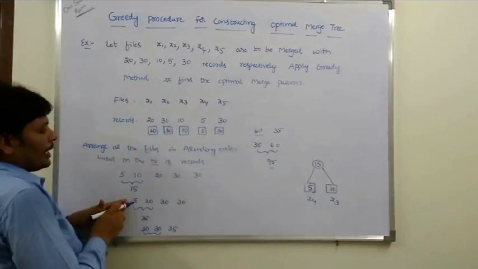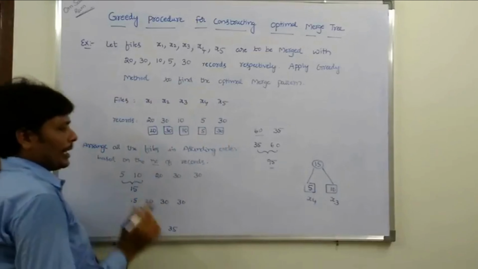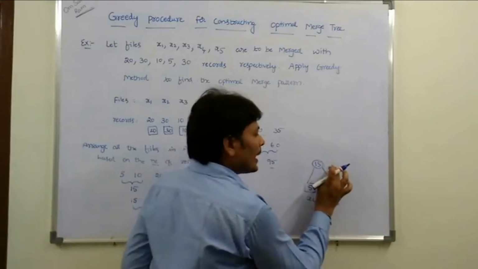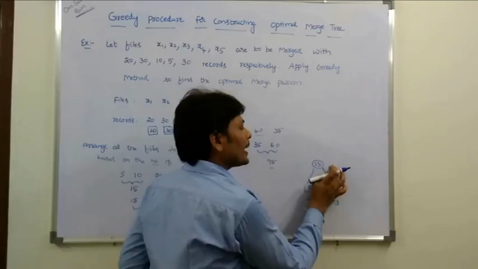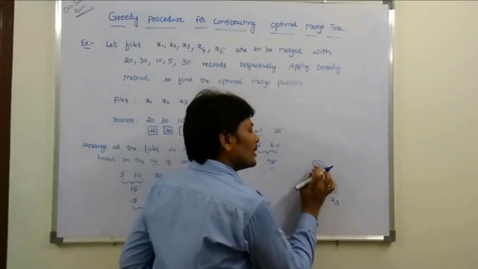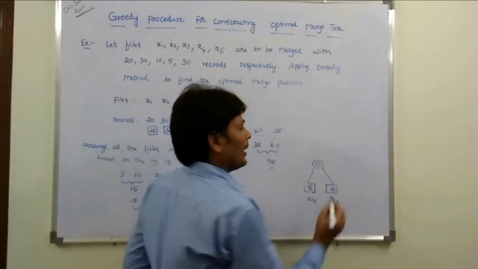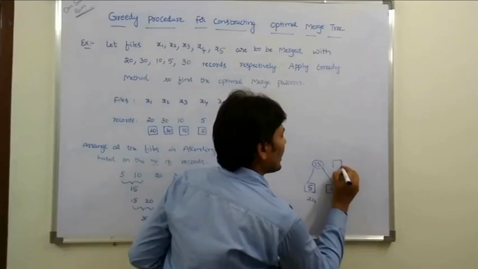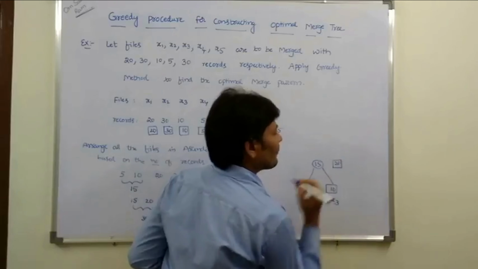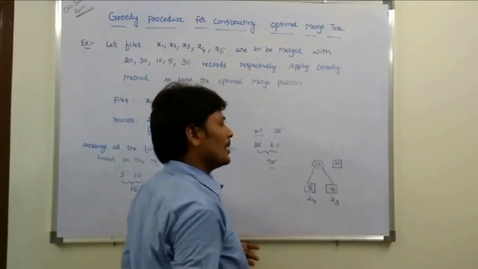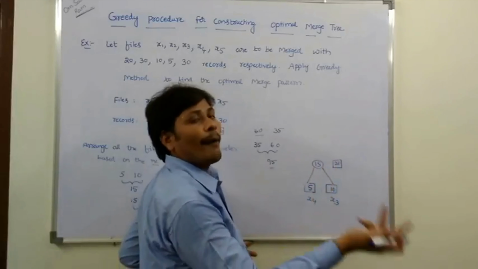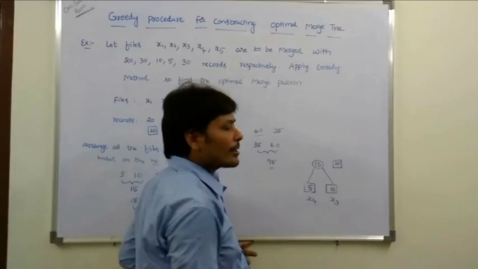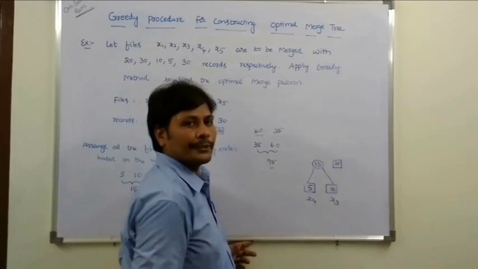Now this 15 is merged with 20. So 20 is greater than 15, so the file 20 can be placed on the right side of 15. 20 is a leaf node because it is the input. So 20 is placed right of 15 because 20 is greater than 15.